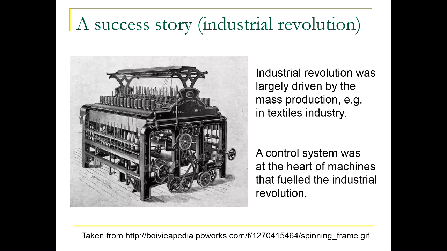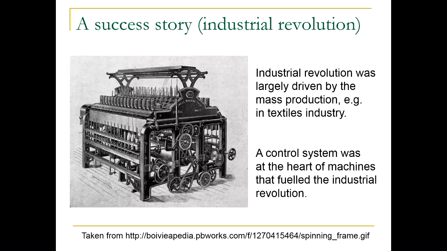So look, there are these looms that basically make thread out of wool, right? And you could have heaps of them spinning at the same time, and a control system was at the heart of this device. And this actually fueled the industrial revolution.